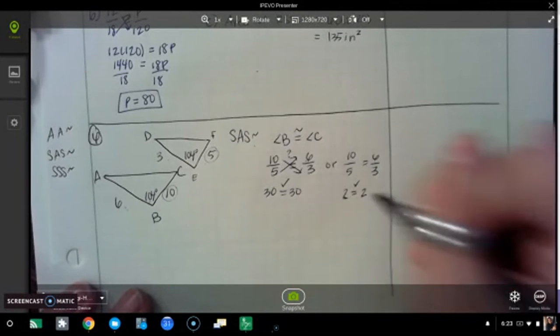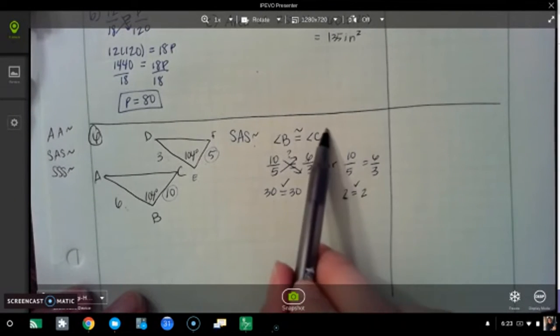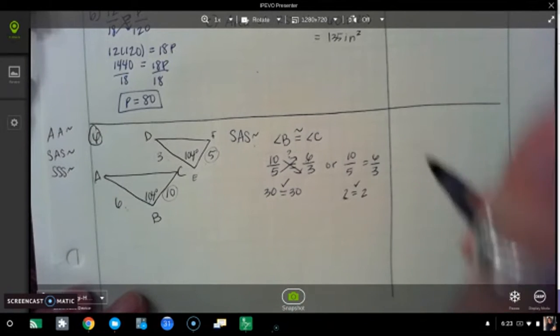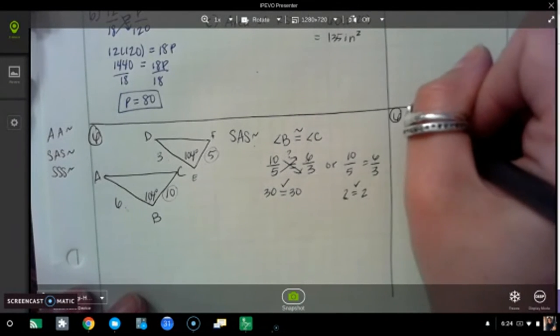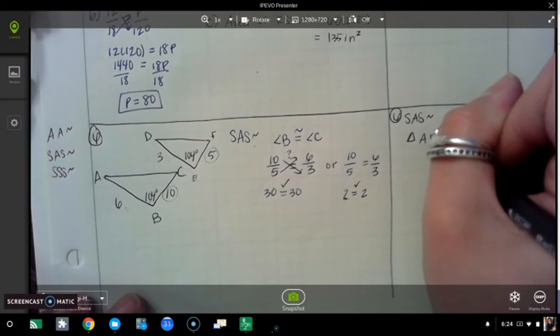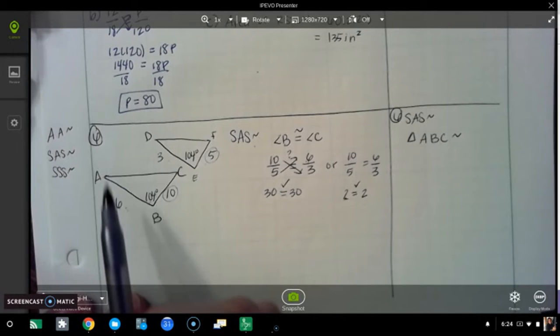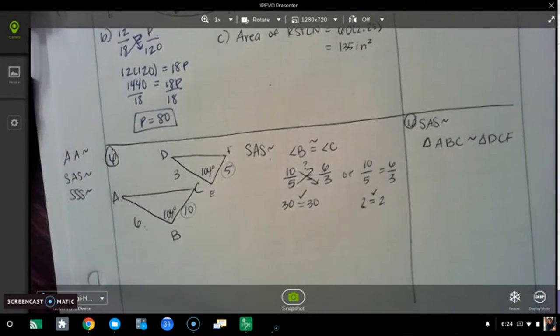That does equal 2. So that's a way I can show, yes, my sides are proportional. Yes, my angles are congruent. So by side-angle-side similarity, triangle ABC is similar to triangle DCF.